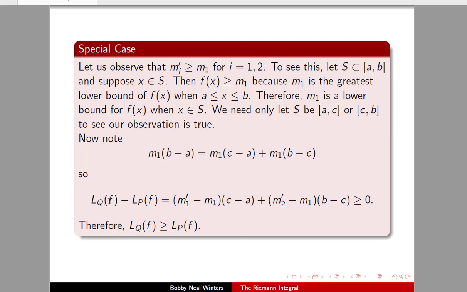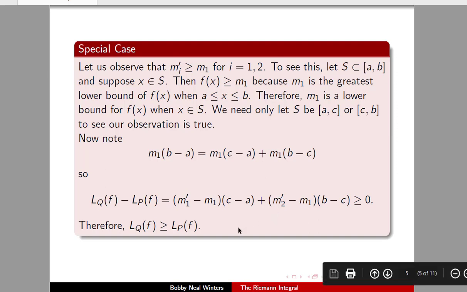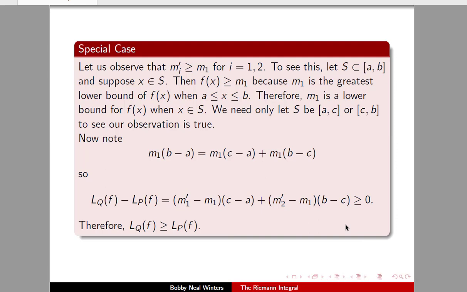So if I take L_Q(f) minus L_P(f) and do my algebra on it, I get (m'_1 minus m_1)(c minus a) plus (m'_2 minus m_1)(b minus c), which is greater than or equal to 0, because all of the factors in here are greater than or equal to 0. Therefore, it follows that L_Q(f) is greater than or equal to L_P(f).